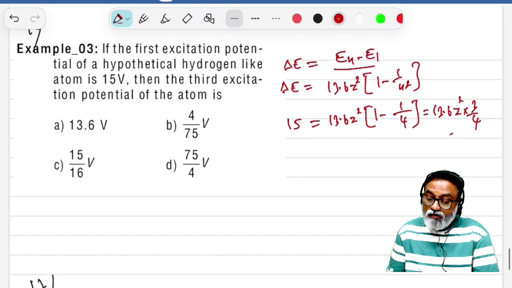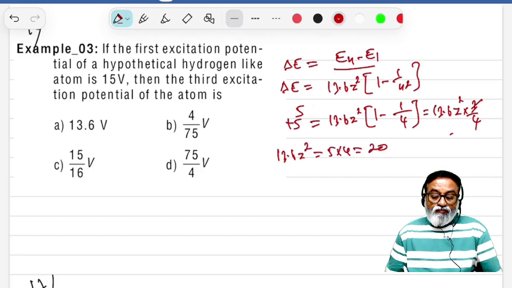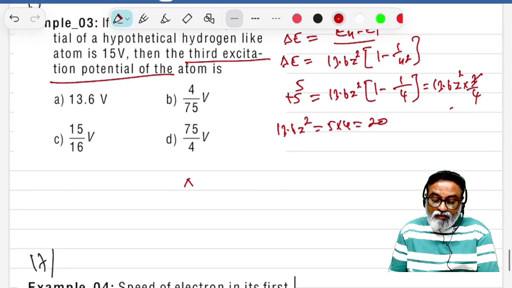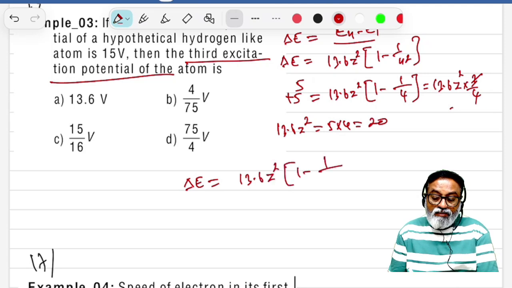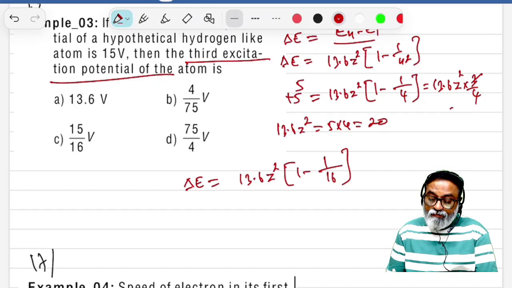Therefore, 3 by 4 times 13.6 Z square is equal to 15, so 13.6 Z square is equal to 5 into 4. This is 20. Then we have to find out the third excitation potential. The third excitation potential is 13.6 Z square into 1 minus 1 by N square, where third excitation means N is equal to 4. This is 16.